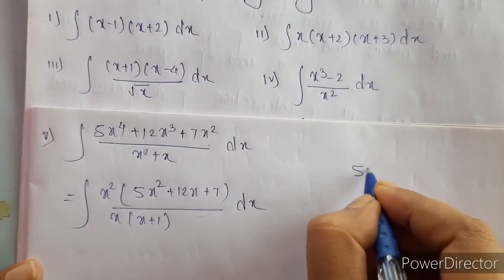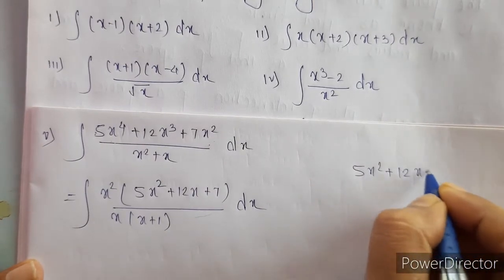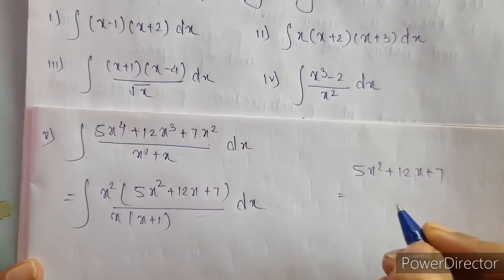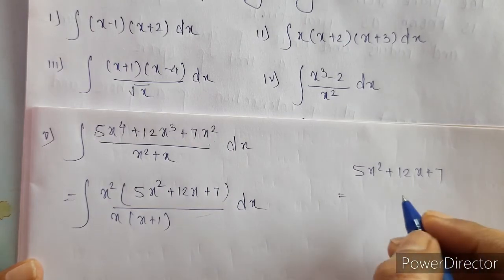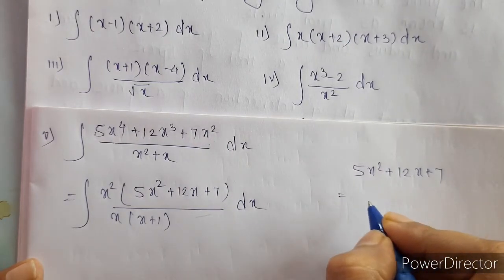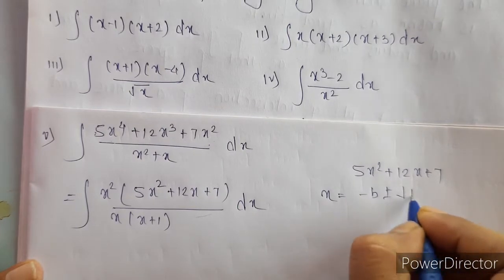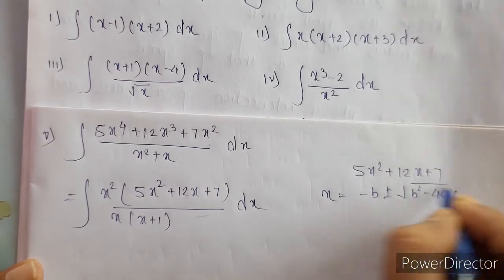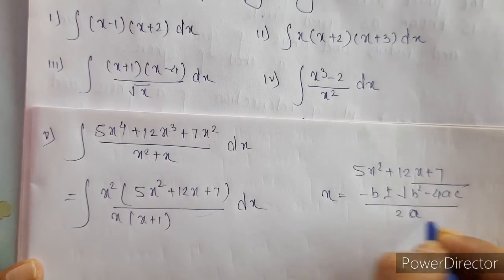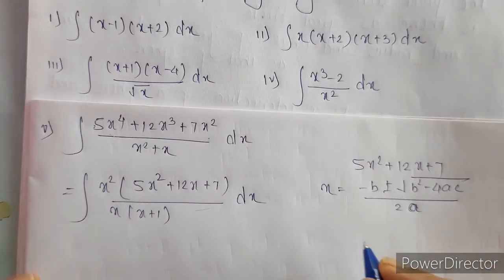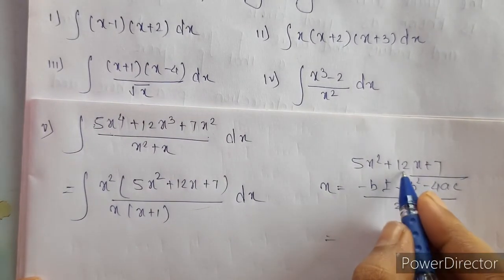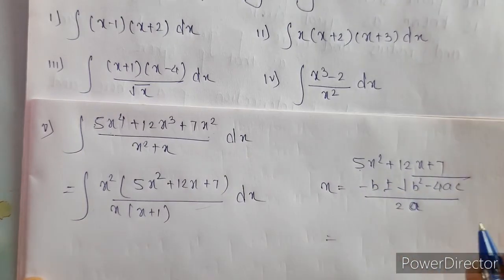So we have 5x square plus 12x plus 7. If we factorize this, let's find roots of this using quadratic formula. So x is minus b plus or minus root of b square minus 4ac, by 2 times a. So what is our b? b is 12, a is 5, c is 7.